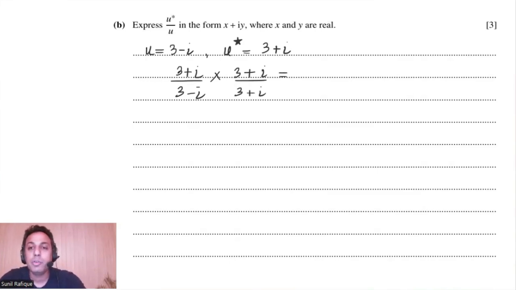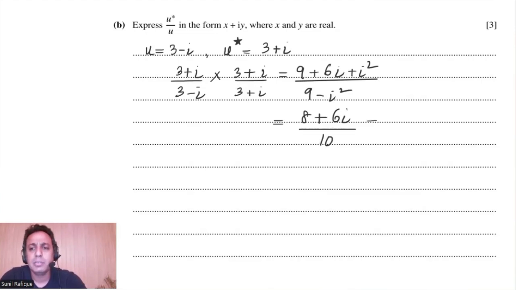Let's simplify the numerator. That's going to be 9 plus 3i and 3i, that's 6i, plus i squared. And the denominator is going to be 9 minus i squared. So that's 8 plus 6i, divided by 10, right? So 8 over 10 is 4 over 5, plus 3 over 5 i. That's our answer to part B.